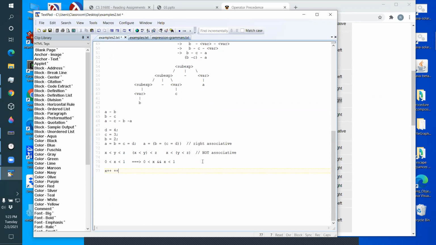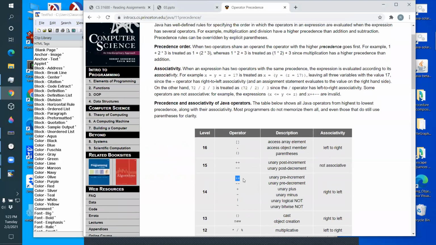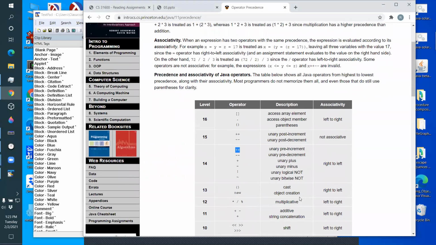The plus plus operator can only be done one time. That doesn't make any sense. So there's no grouping of the plus plus operator. So that was over here, the plus plus operators are, let's see, not associative.